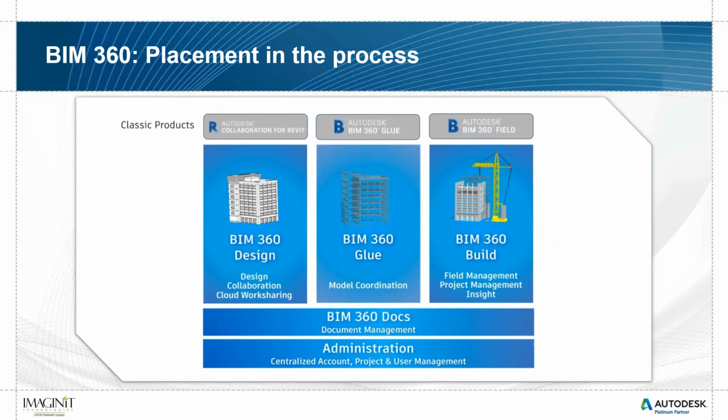But that's kind of like your Navisworks cloud model coordination platform. And then we have BIM 360 Field, which is now called BIM 360 Build, which does a lot of field management, RFI requests, project management, and also the Insight tool, which I don't know that I would tie Insight directly just to Build, but Insight does a lot of different things.